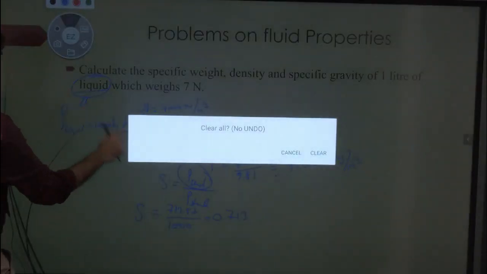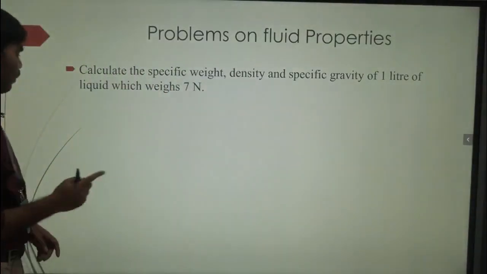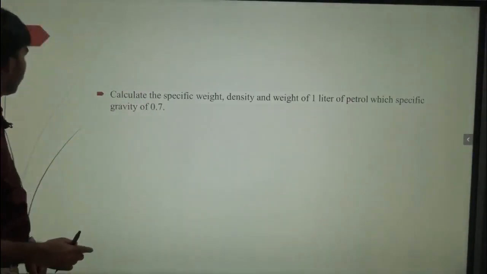Now we will try to solve another numerical example.